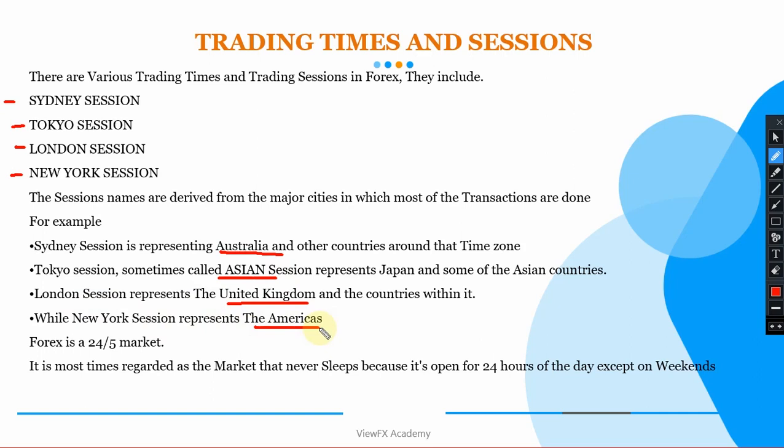So what it means is that the banks in those countries open at a specific time and close at a specific time. For example, most banks open 8 a.m. their local time and close 4 p.m. their local time.